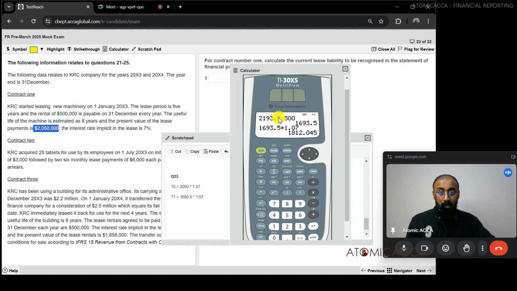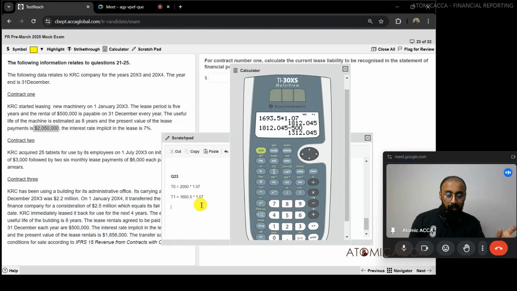That is equal to 1812.05, and on that day I will minus out the lease rental. 1812.045 minus 500 is equal to 1312.045. Now that is the figure at T1 ending. Now this 1312.045, I have to split it for current liability and non-current liability.